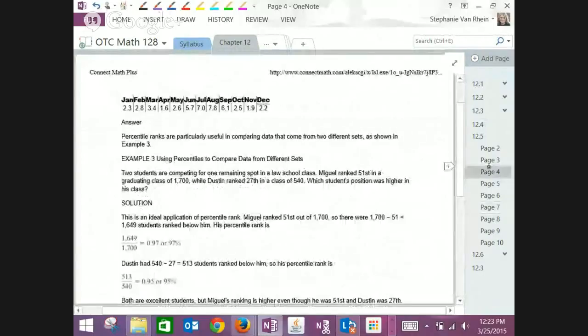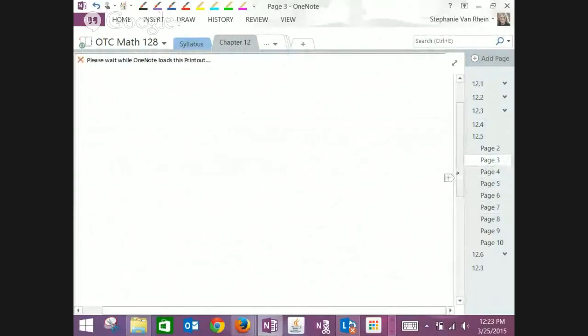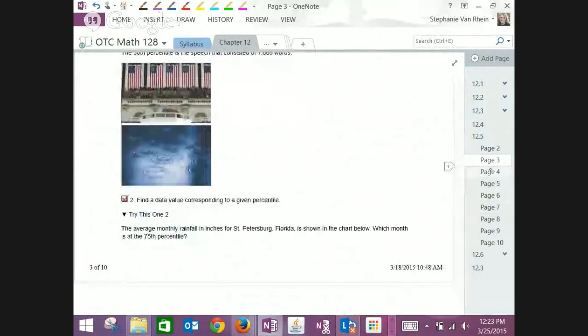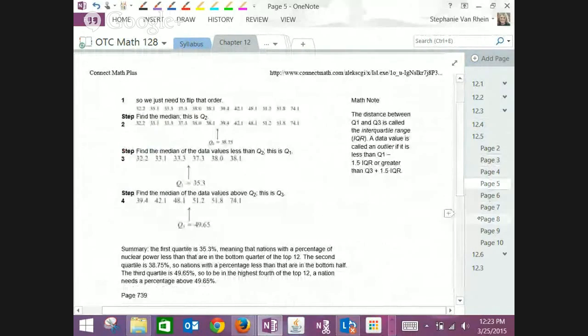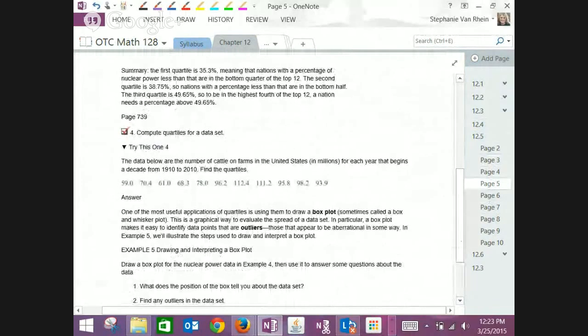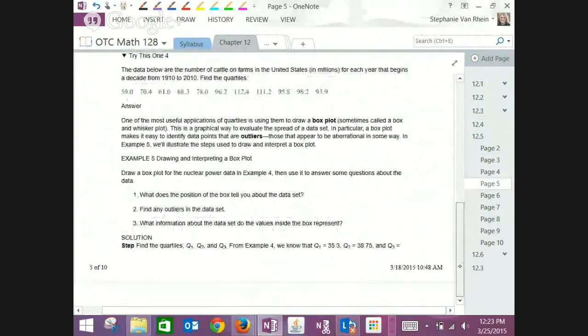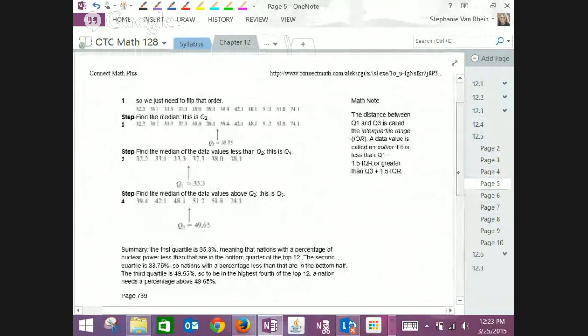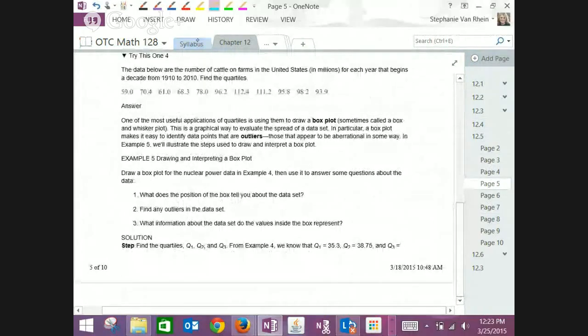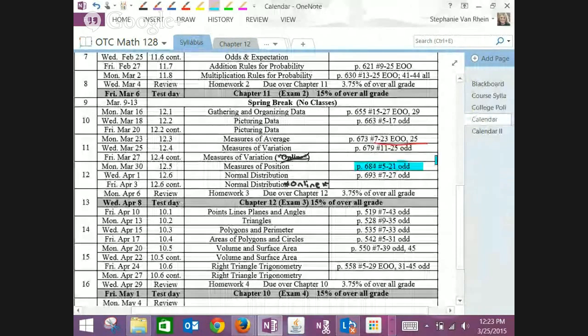You do box and whisker plots in this section. Did you say it was 5 through 25? 5 through 21 odd. Okay.